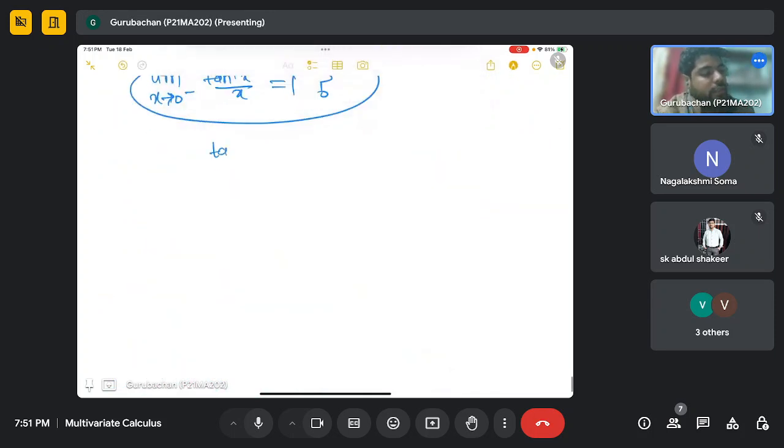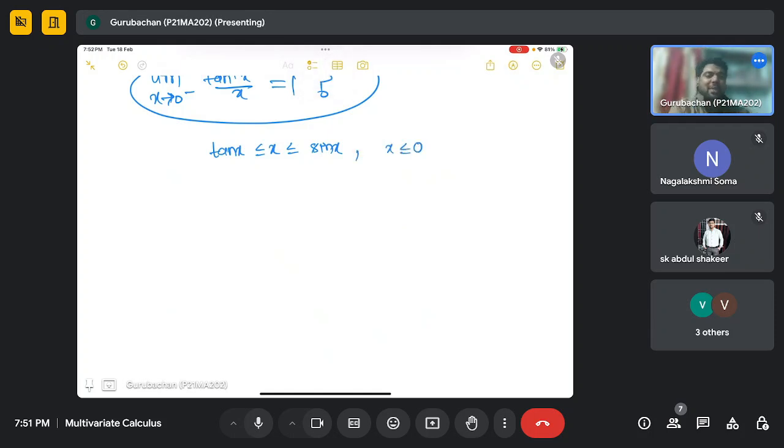So it will be 10x less than or equal to x less than or equal to sin x, for x less than or equal to 0.